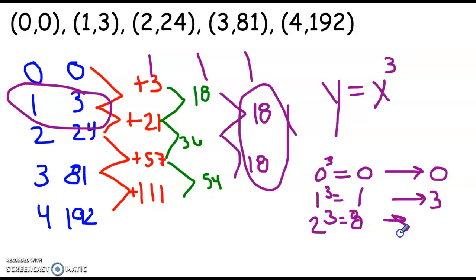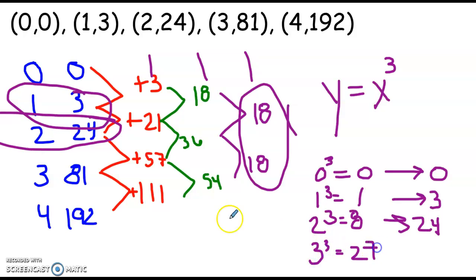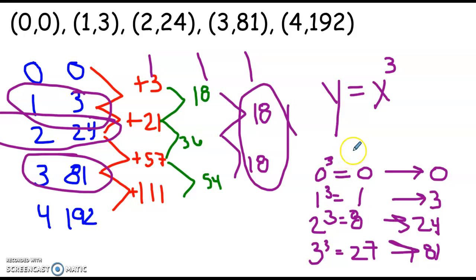I need to be at 24. See? Next one, 3 cubed is 27, but I don't want 27. You can see when I plug in 3, I get 81. So this is what x cubed gives me here, but I need to get over here.